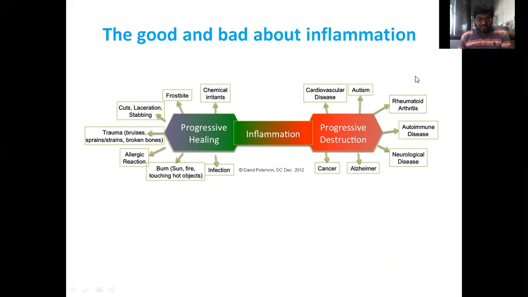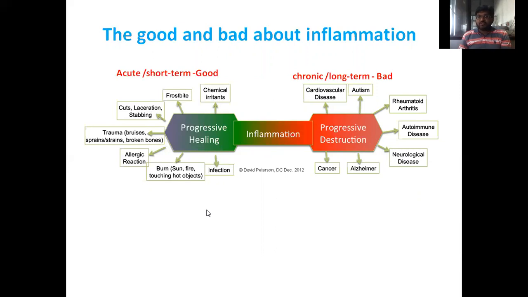While for the progressive destruction, if inflammation keeps going higher and higher, there is cardiovascular disease, autism, rheumatoid arthritis, autoimmune disease, neurological disease, Alzheimer's, and cancer also. So you can see this is the bridge between inflammation for the destruction and for the healing. Good and bad both for the inflammation.